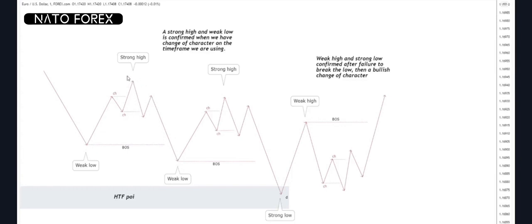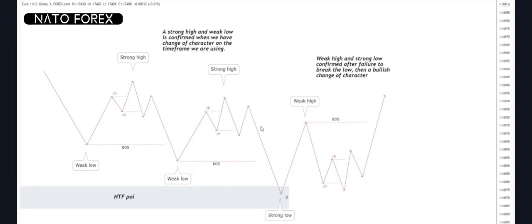The supply outdid demand. And the same thing happens again, right? So we pull back and we expect this now to hold as it's a strong high, which it does. Demand is in control and the internal leg comes up. Supply now takes over. This becomes weak. This now is our target.